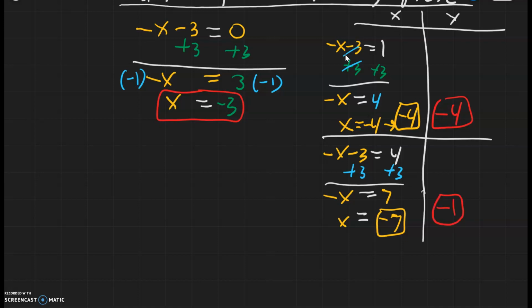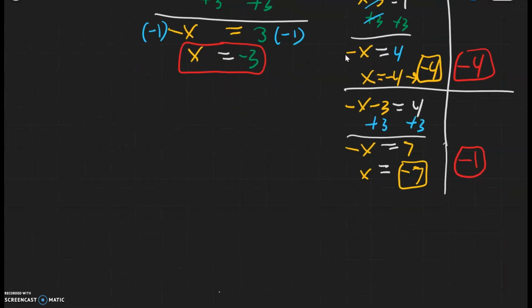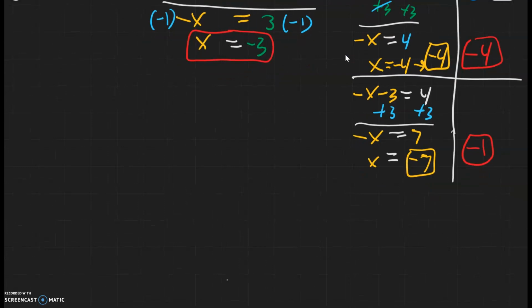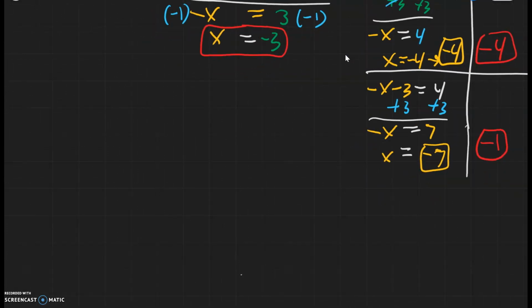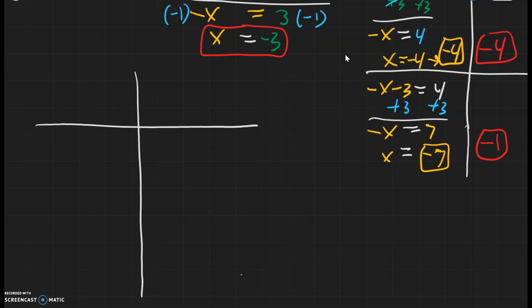So I'll make an xy axis. Pull that, just make some room over here. And we'll make an x and y axis. And I know I have to go down to negative 7. So 1, 2, 3, 4, 5, 6, 7. And actually I made a mistake.